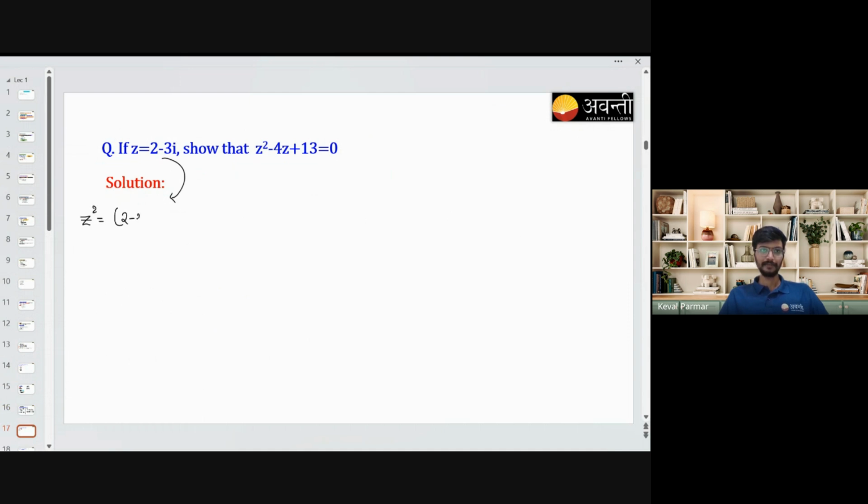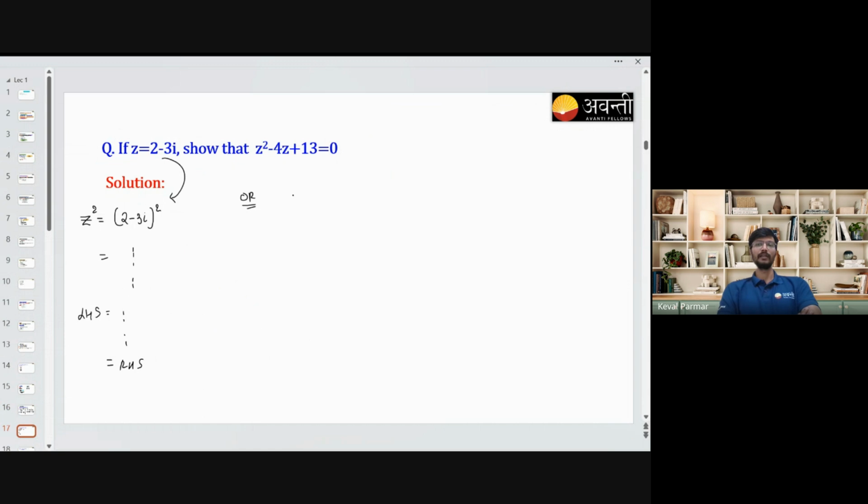It is 2 minus 3i the whole square. We open this bracket, a square plus 2ab plus b square, and then we do LHS equals to something which is equal to RHS.